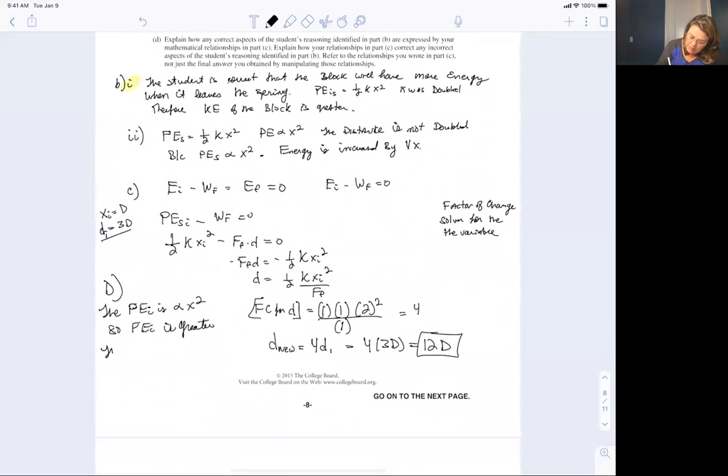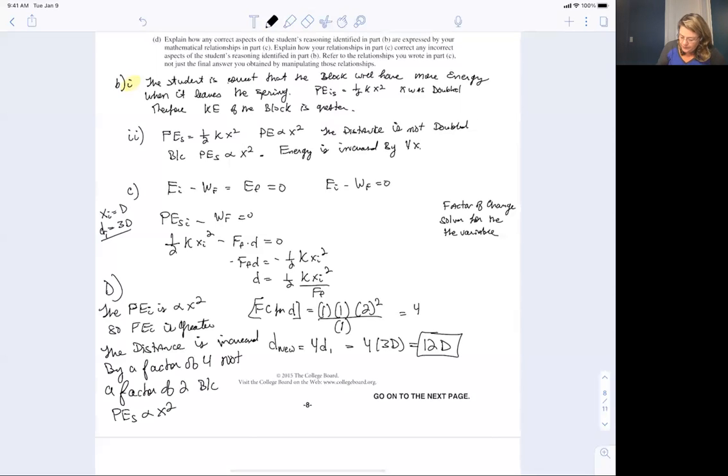So the distance is increased by a factor of 4, not a factor of 2, because potential energy of a spring is proportional to x squared.